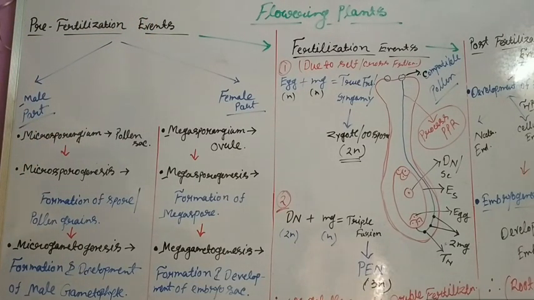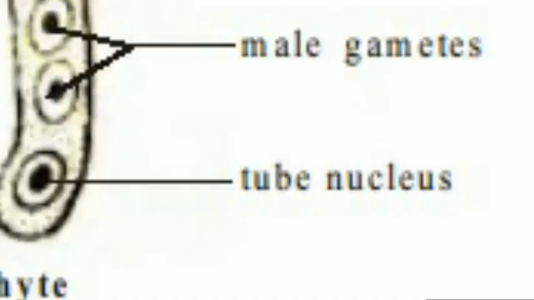And last of all, we get the main result. What is the main result? 2 male gametes and 1 tube nucleus. After the microgametogenesis process, we get the main result: 2 male gametes and 1 tube nucleus.